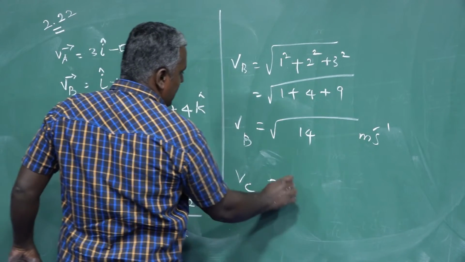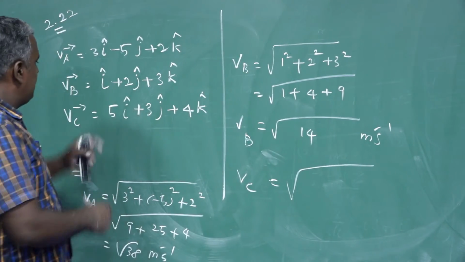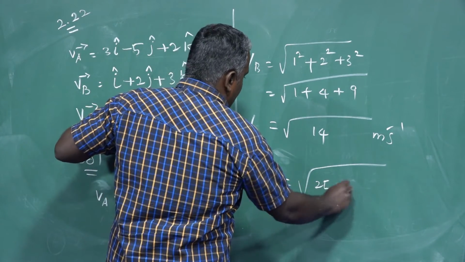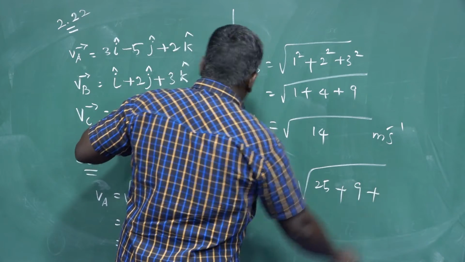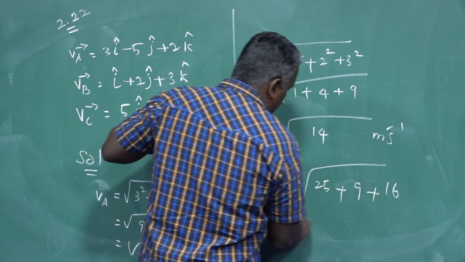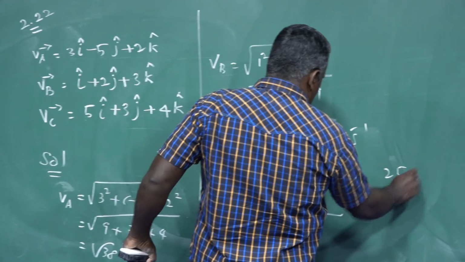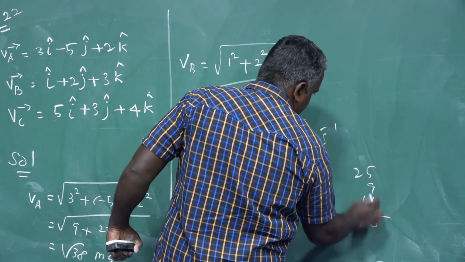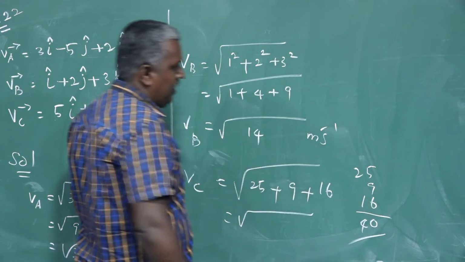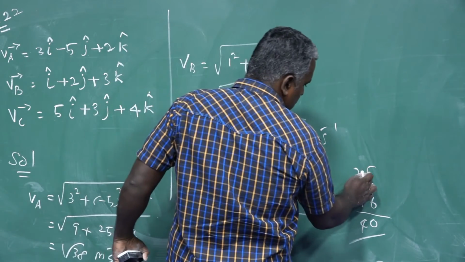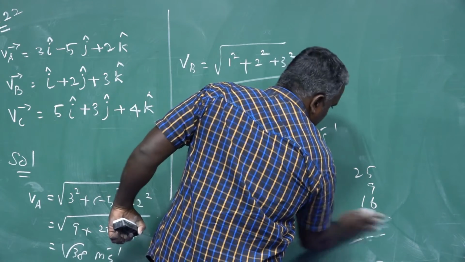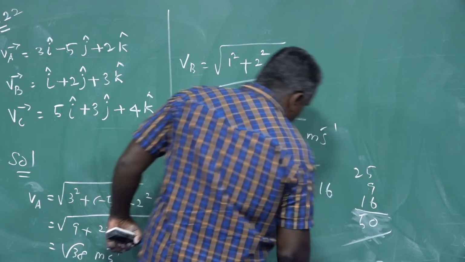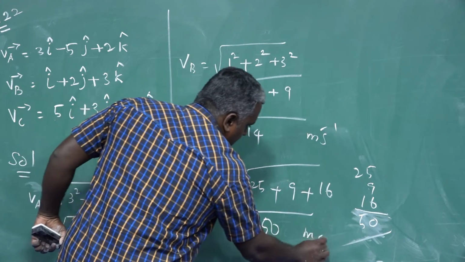And VC, square root of 5 square, only taking the magnitude here. 5 square is 25, 3 square is 9, and 4 square is 16. So 25, 9 and 16 gives 50 meter per second.